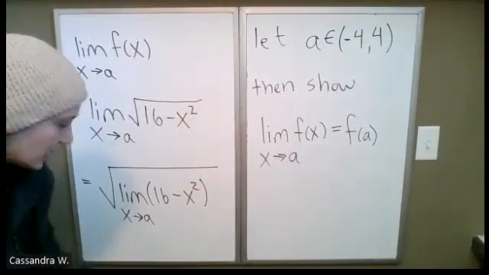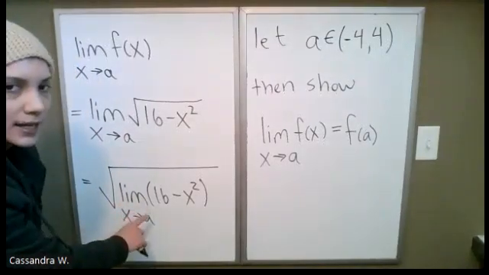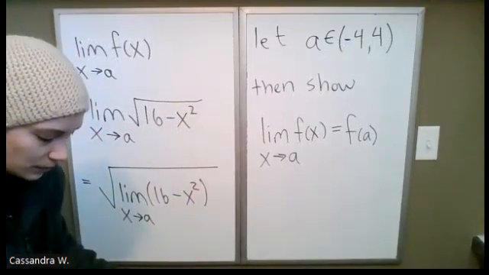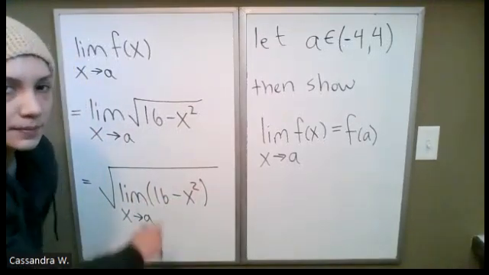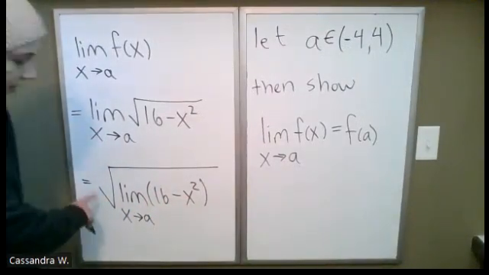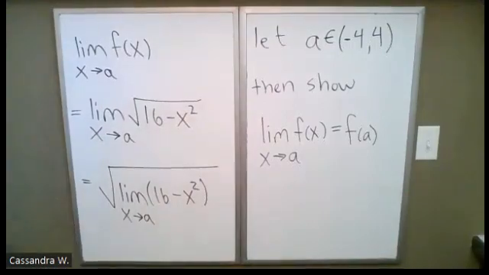Anyway, so we need to continue to have this limit on the side as x goes to a of this part. And then we're just going to put a in here since this is a polynomial, still underneath the square root.